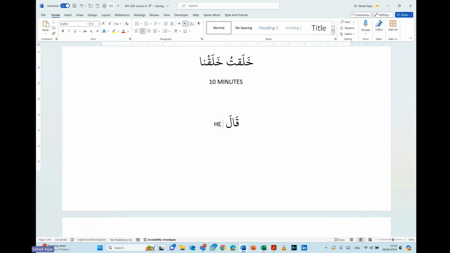Qala means he said. It's like nasara. The problem with this word is that it has an alif in the middle. In the Arabic language, alif and ya can never be root letters. These are vowel sounds. But there are some fi'ls in which one of these two shows up to represent a root letter, though it is not actually the root letter. So this is an advanced fi'l.